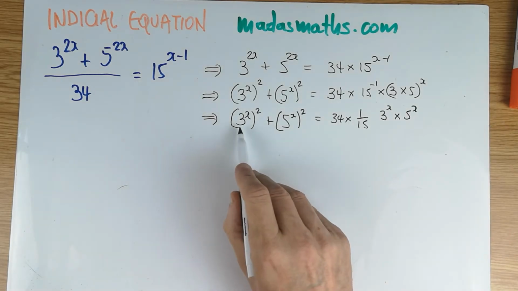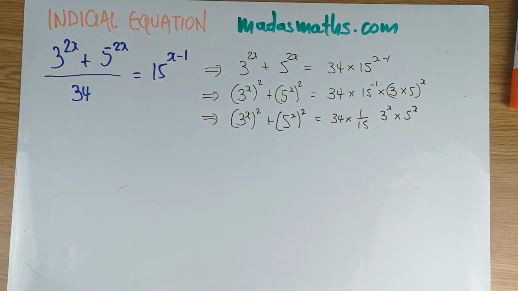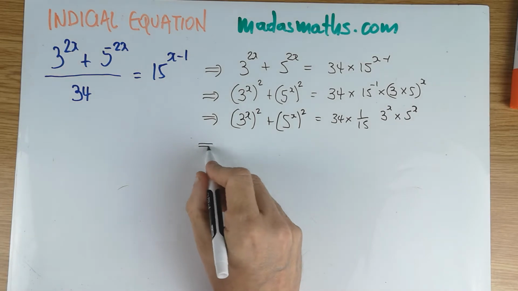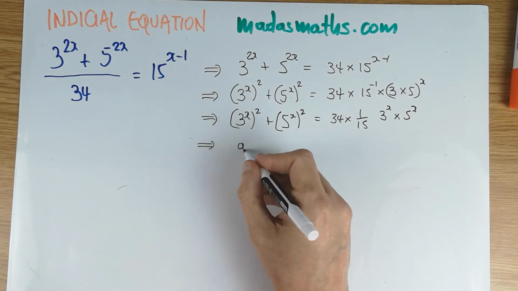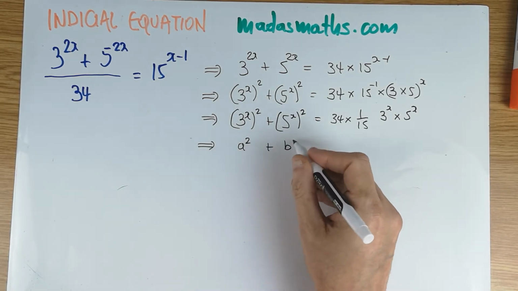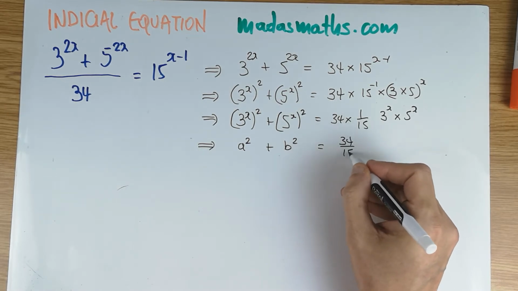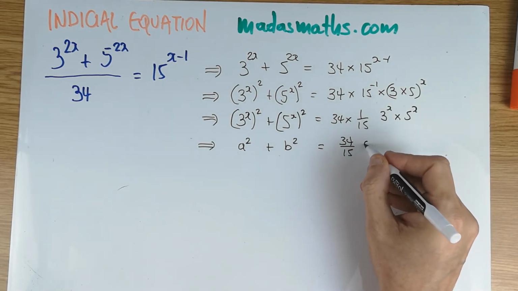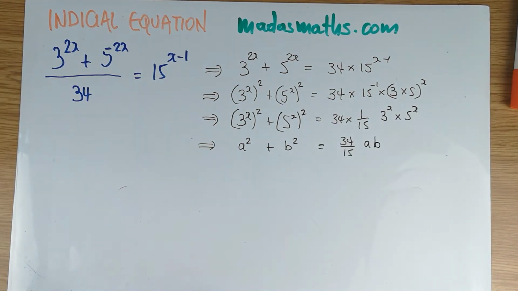So I've got these repeating terms, 3 to the x and 5 to the x, which it'll be helpful if we could perhaps replace at this stage with an a and a b. So we can say a squared plus b squared is equal to 34 over 15 a times b.